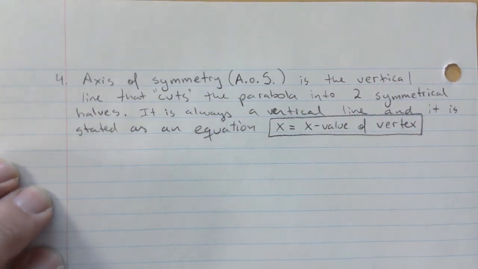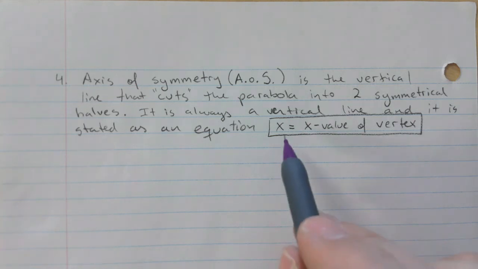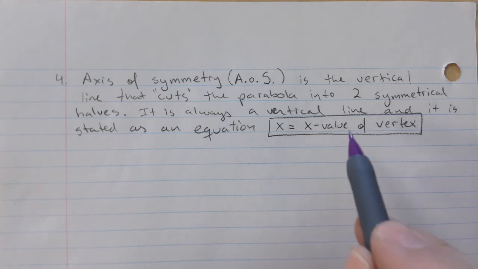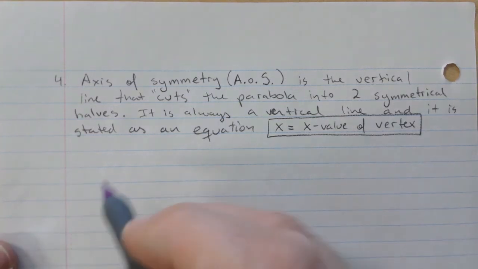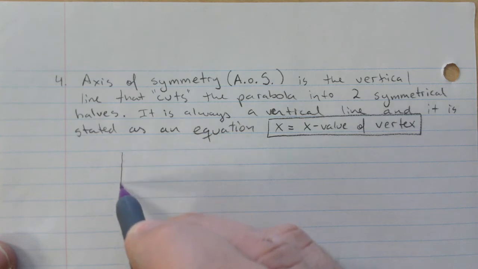Since it's a vertical line, if you recall, x equaling a number is a vertical line. So the axis of symmetry you should think of as a line, so it's always stated as x is equal to a number, and I'll tell you where to get that number from. So let's do a sketch here, x and y axis.